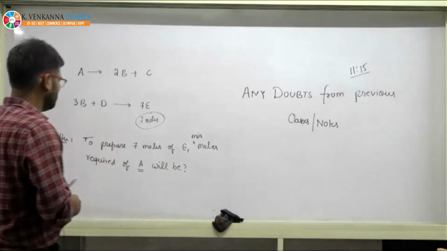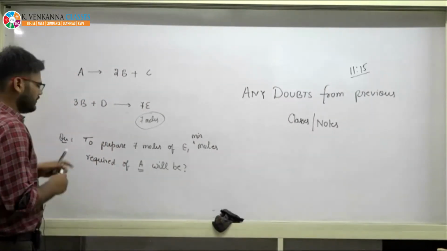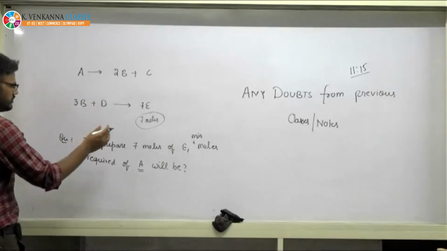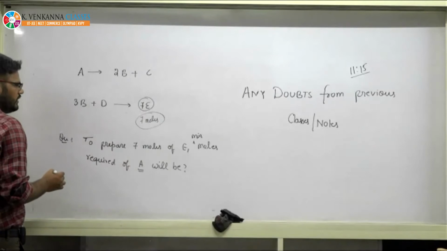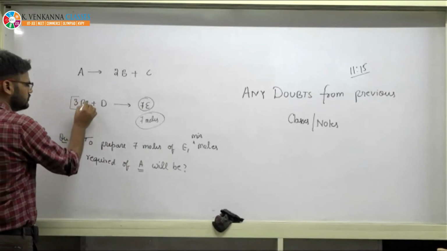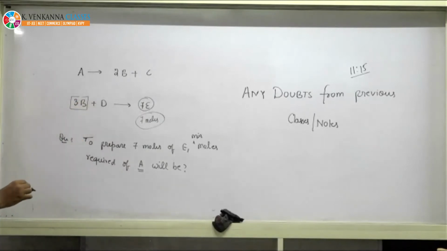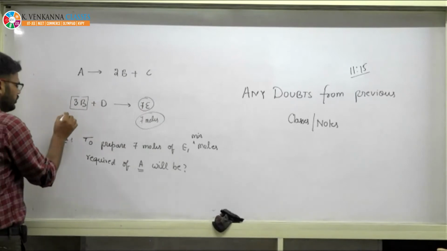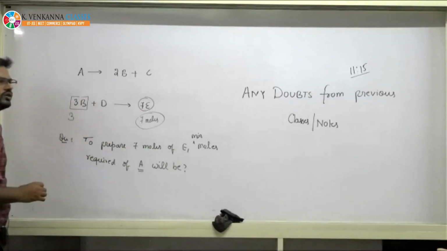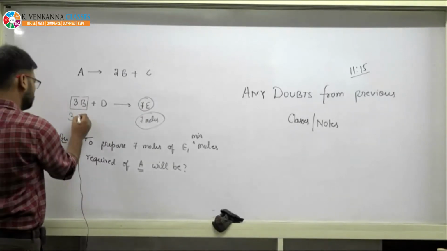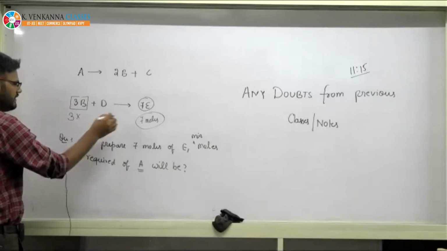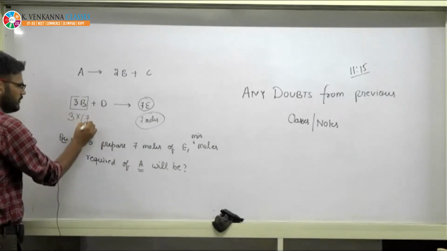Yes, so someone has given me the answer. You just see, 7 moles are given. I have told you that to calculate the moles of any other component present in a reaction, you need to put the stoichiometry of the component for which you want to calculate, and multiply by the given moles and its stoichiometry.